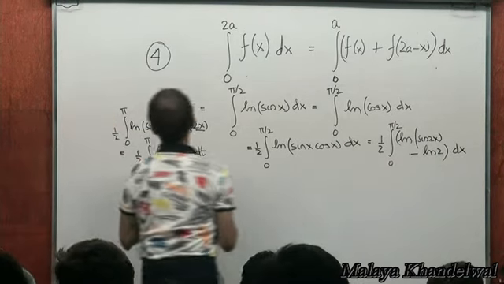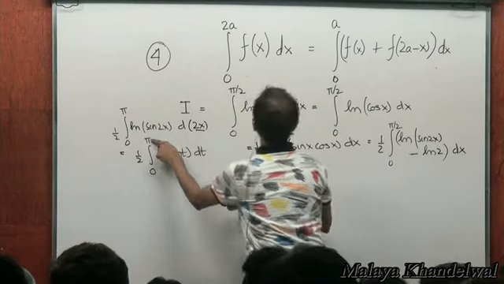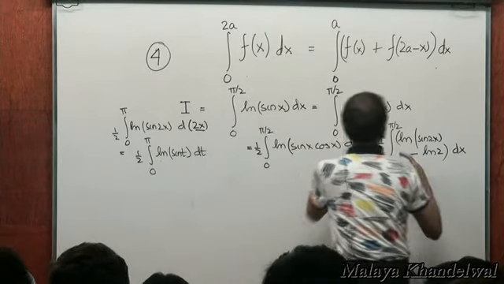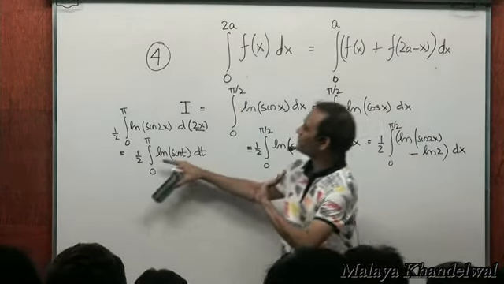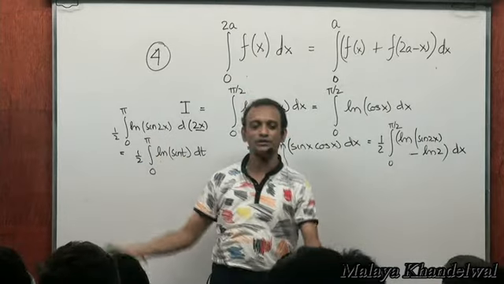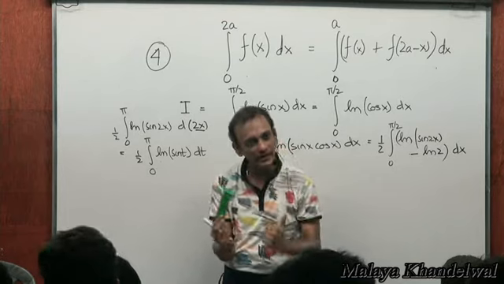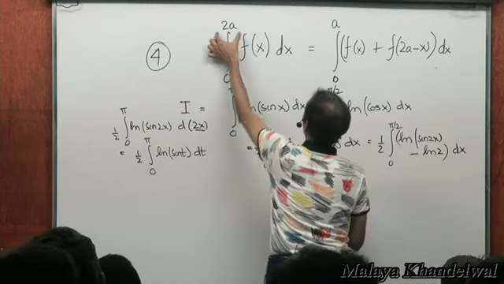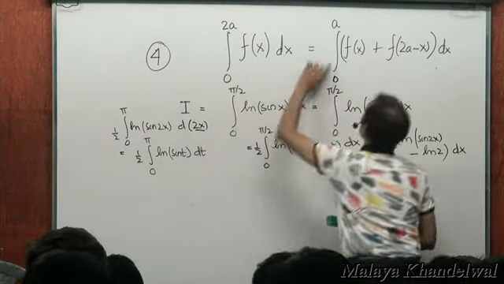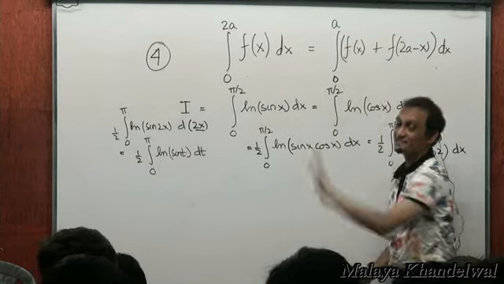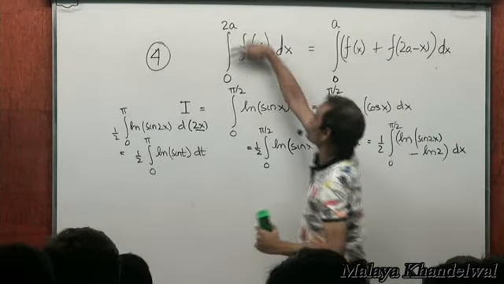Now, we didn't need a 0 to pi here. We needed a 0 to pi by 2. Let me go back to 0 to pi by 2 where it all came from. That means I want to half the upper range. See, 0 to something is 0 to half that something with this result.